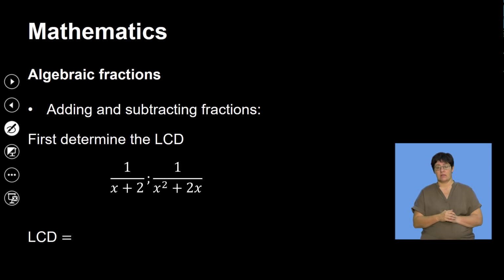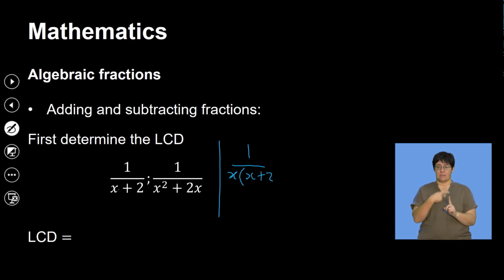Now also, another example is I have 1 over x plus 2, and x squared plus 2x. Firstly, I must simplify this. It becomes still 1 over x plus 2. I'm going to leave that. But this one I must simplify to x into x plus 2, right? So you can already see that the x plus 2 is already common.